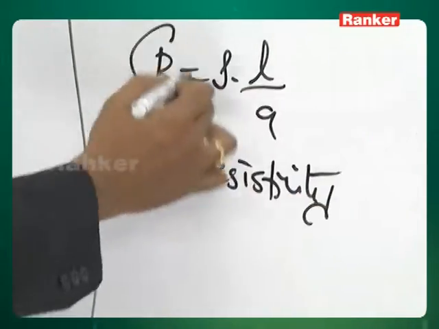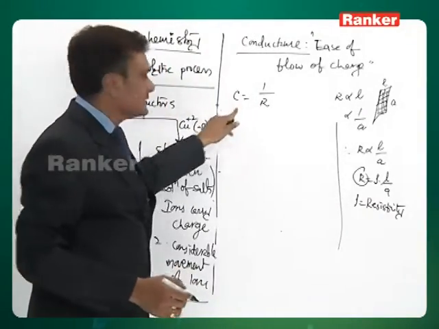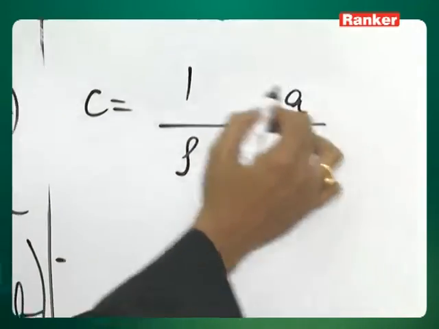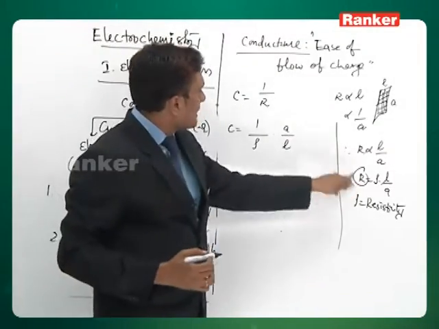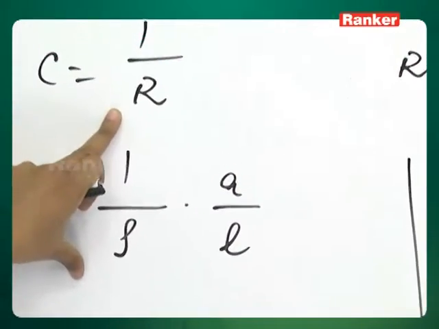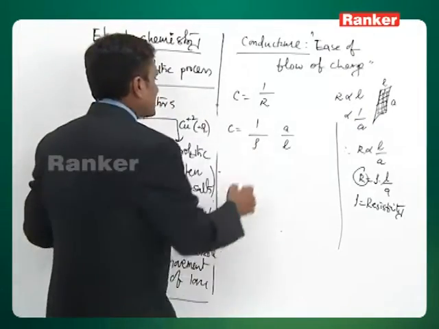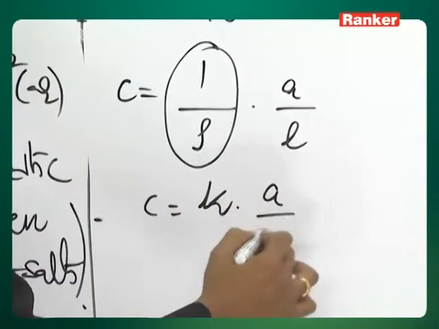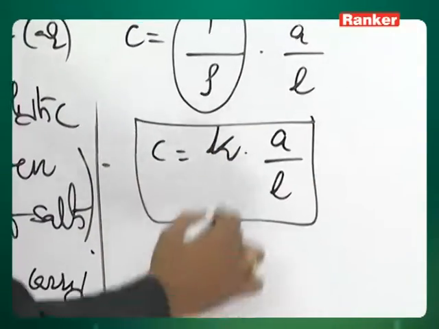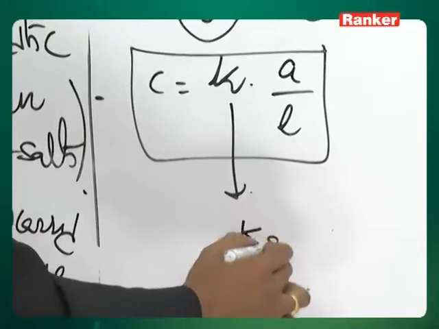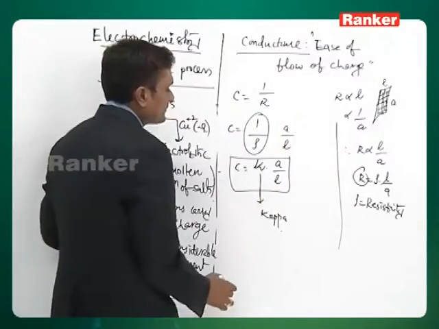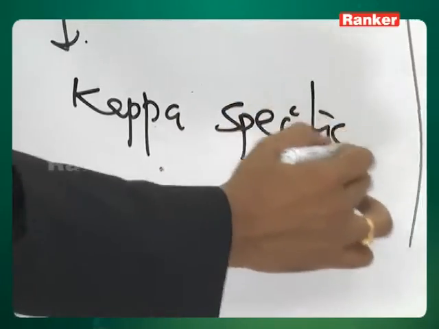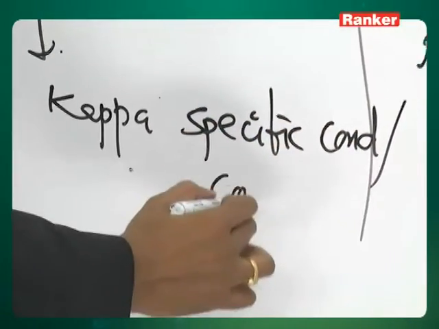Our interest is not R here, we are focusing on the conductance. Hence when I substitute the value of R here, you get 1 by rho into A by L. Now I will be replacing this term 1 by rho with the Greek alphabet K, which is referred to as kappa, and it is the specific conductance or conductivity.